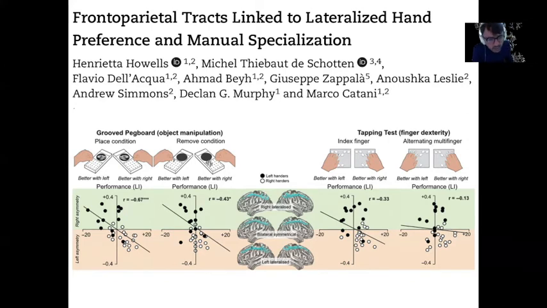And what is interesting is that she extended that to finger tapping, and there is a slight relationship with how fast you can finger tap with your index, but the sequences do not correlate at all.